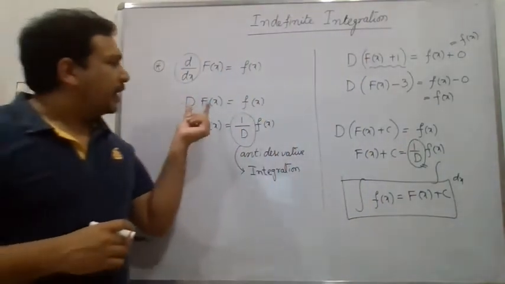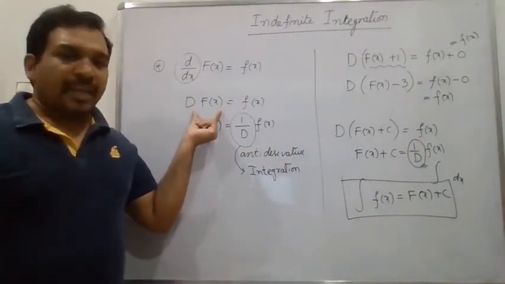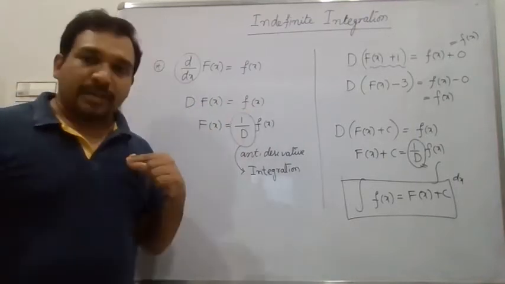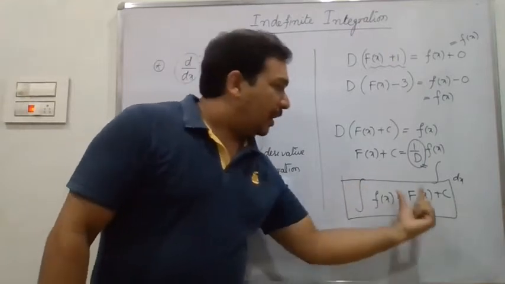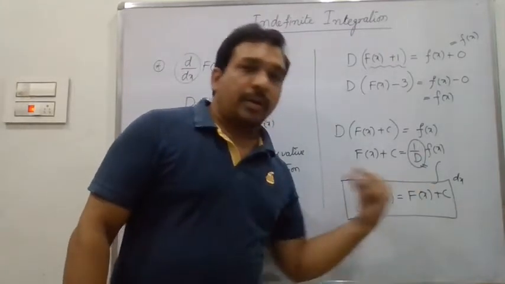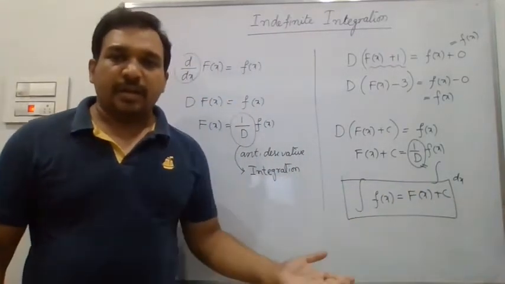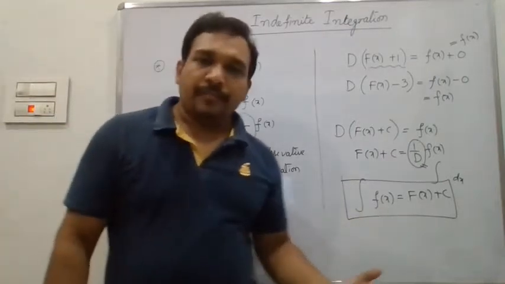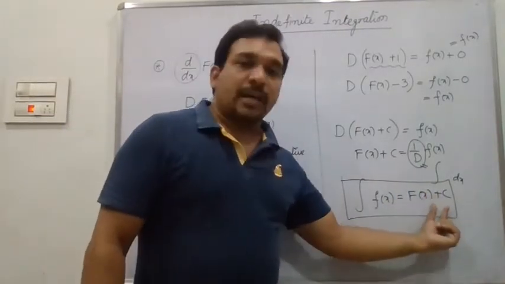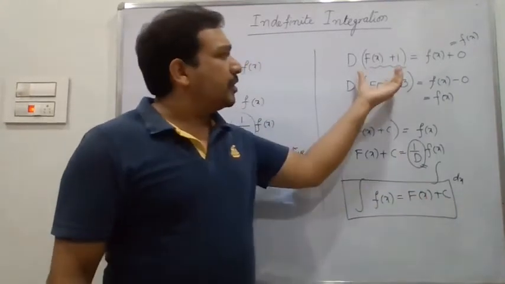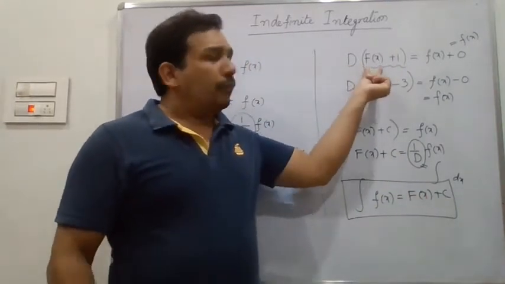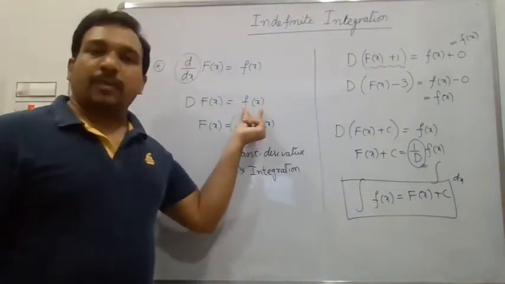Means if I do the derivative of capital F of x, then I'll get small f of x. But if I do the integration of small f of x, then definitely I'll get capital F of x plus also a constant, which may be positive or negative. So why are we getting an extra constant here when I do the antiderivative or integration? Because if you do the derivative of only capital F of x, you get small f of x.